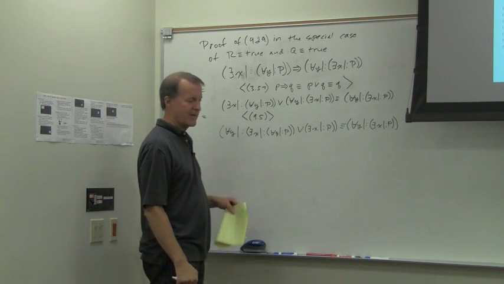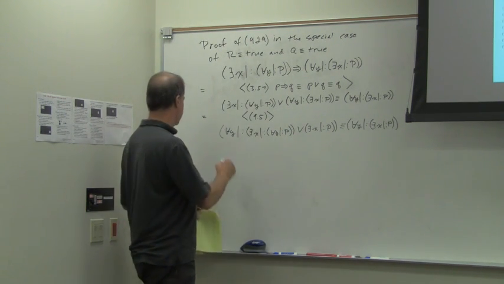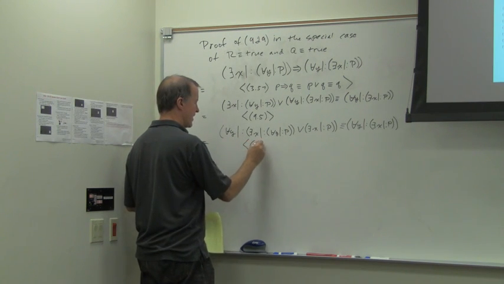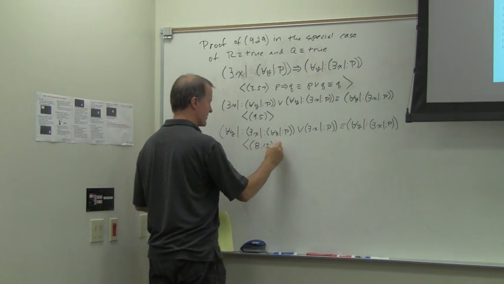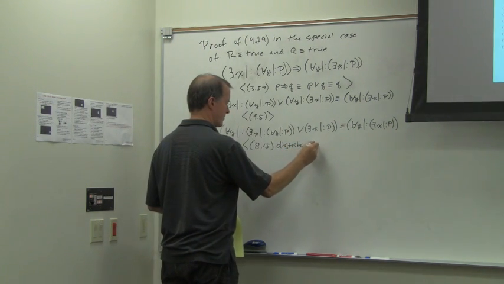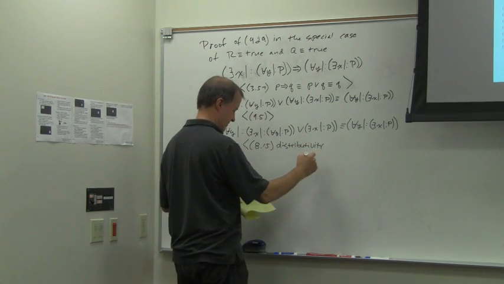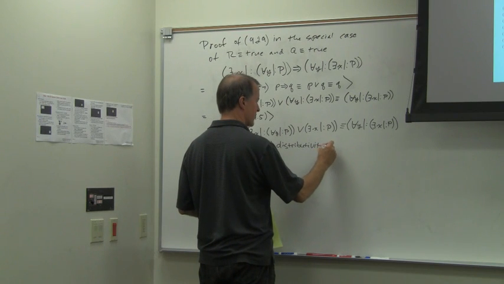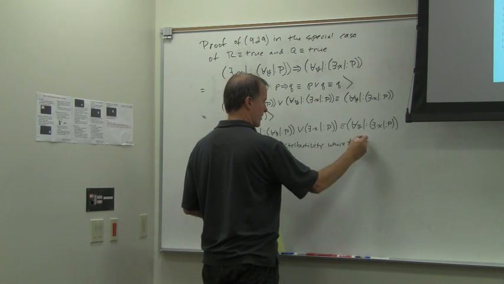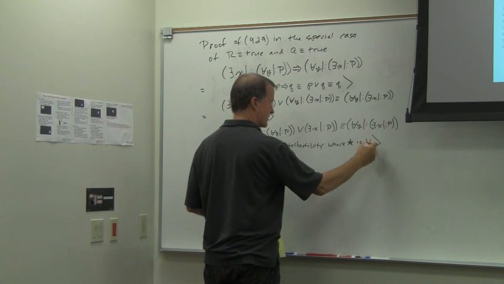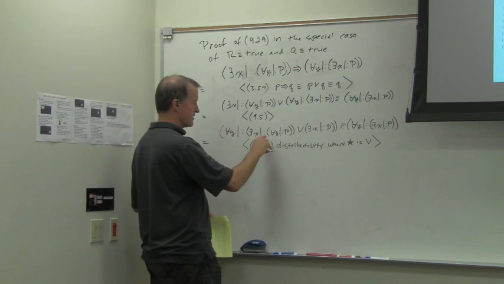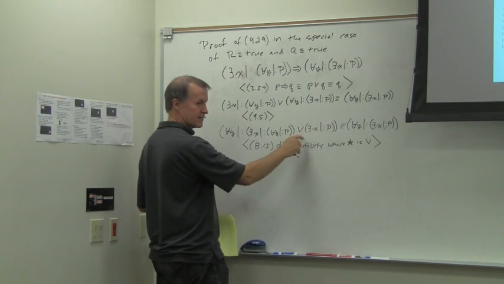How about distributivity? 8.15, that's a good call. Equals, by 8.15 distributivity, where star is existential or. Star is the or operation, right? Because this exists. Is everybody good?